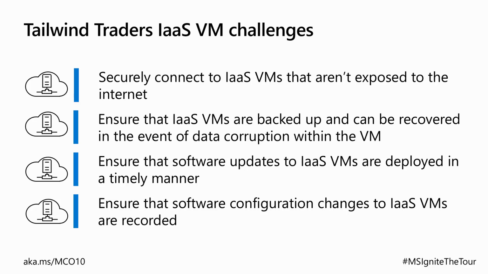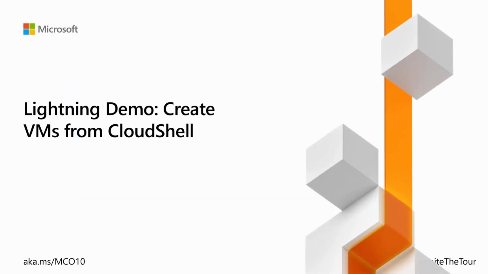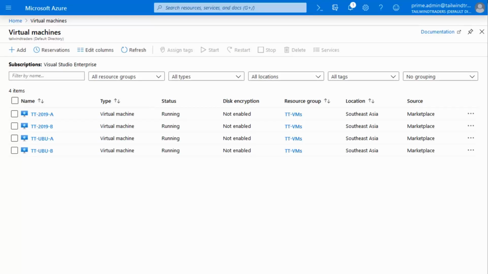Before we get started with the day's agenda, we first have to create a virtual machine to be used for the rest of the talk. To create this virtual machine, we'll be using Azure Cloud Shell. The Cloud Shell can be started from the portal using the icon on the upper right hand side of your Azure portal.